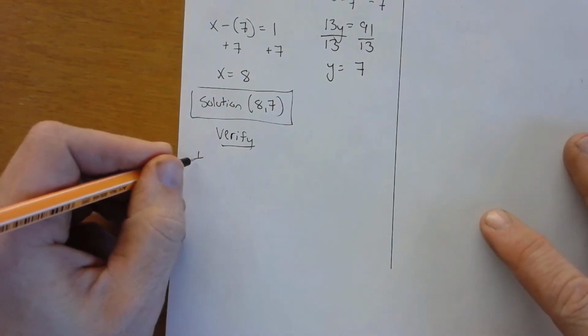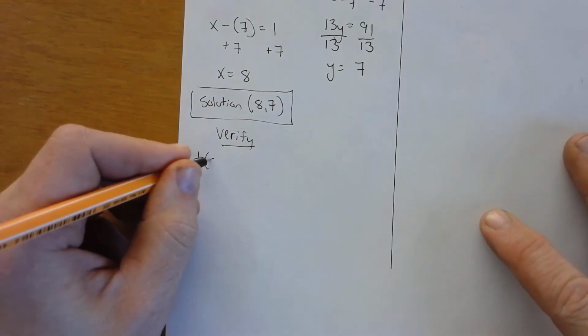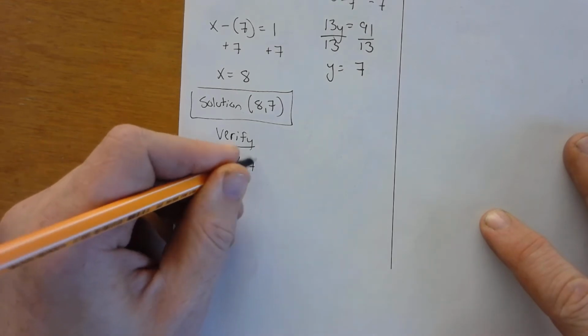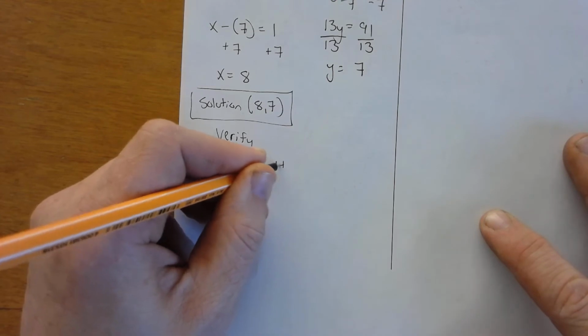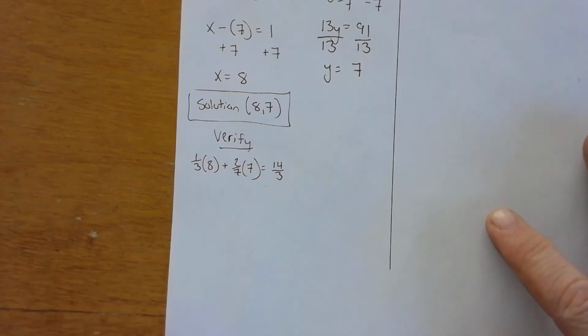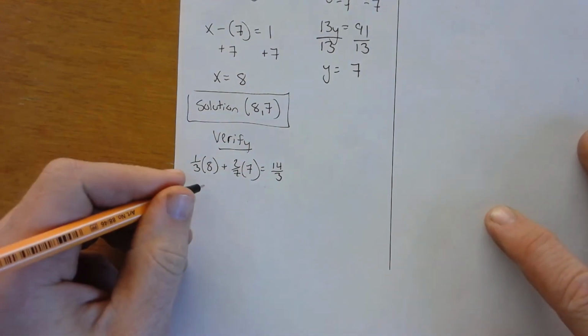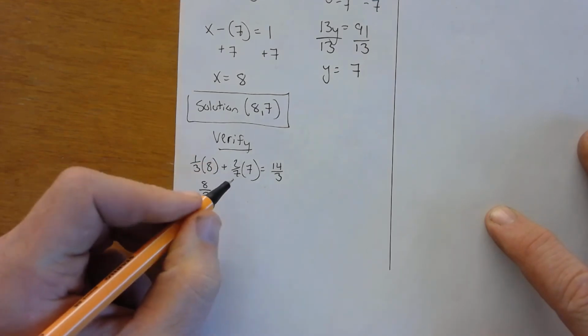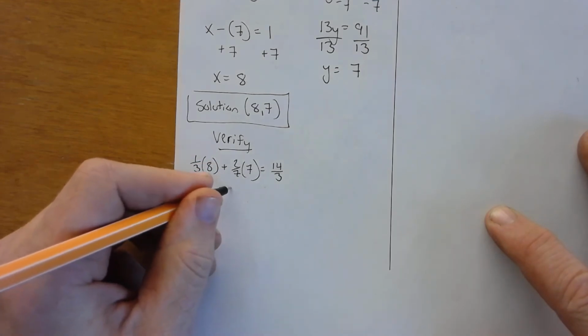So the original equation is 1/3 x, which is 8, plus 2/7 y, which is 7, equals 14/3. 1/3 times 8 is 8/3. 2/7 times 7 is 2.